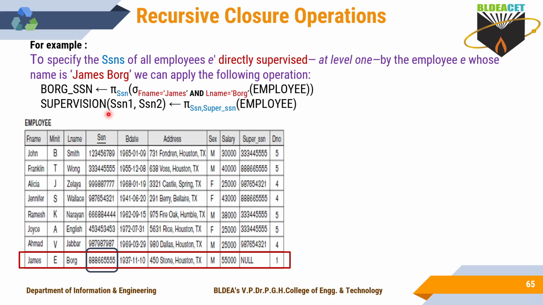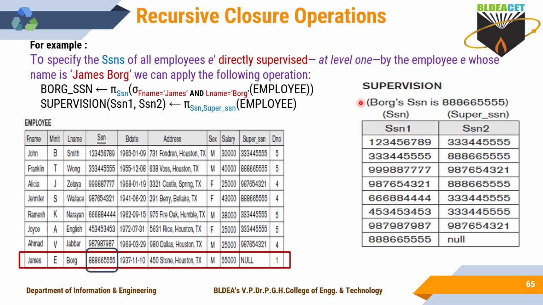Next, I am extracting this SSN as the role of the employee. The next role is: who is directly supervised by this employee? Now I have to extract in the role of supervisor. So this is the supervision information here. This is your SSN and this is your super SSN here. You already know that wherever you have this SSN, those employees are supervised by this James now.